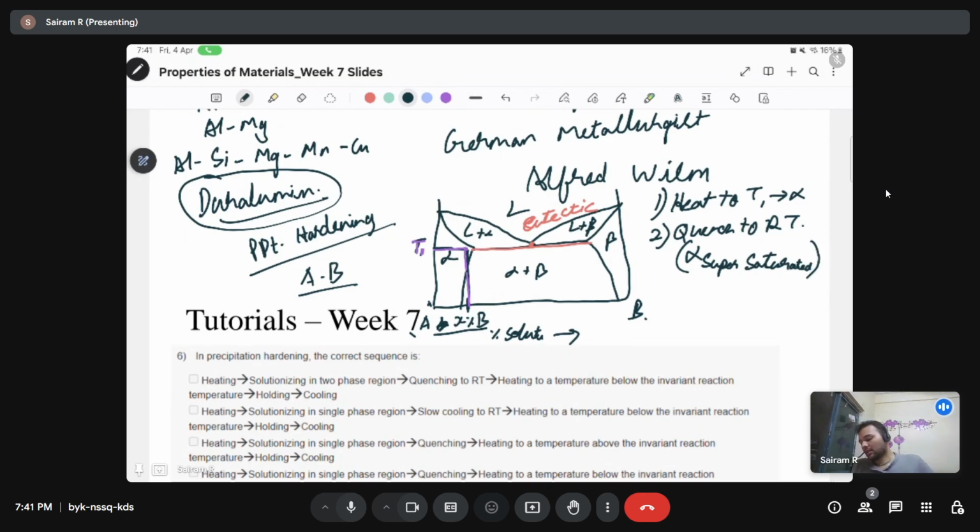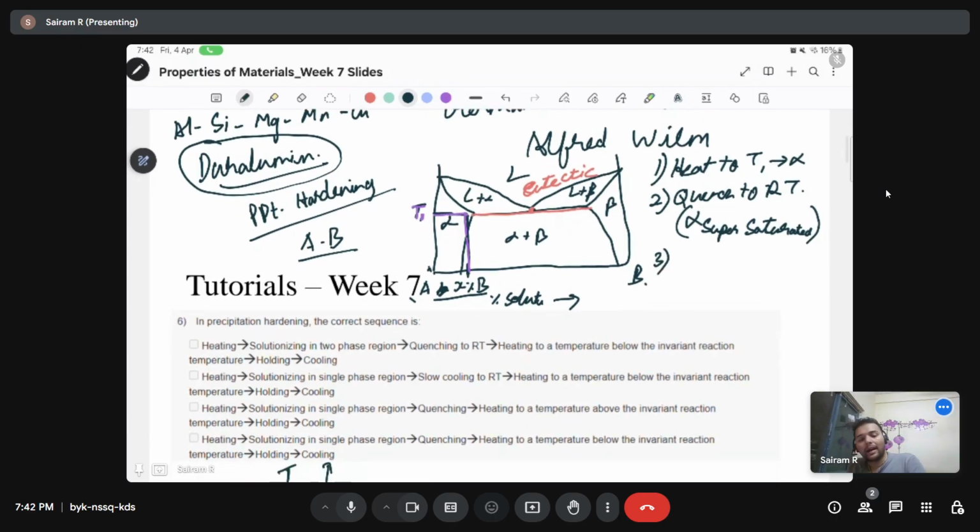The next thing I do is heat my supersaturated alpha again to a temperature somewhere in this two-phase regime, somewhere in this alpha plus beta regime, but at a temperature lower than my invariant reaction.